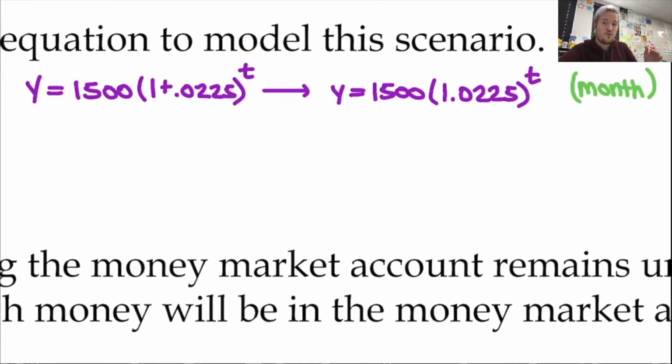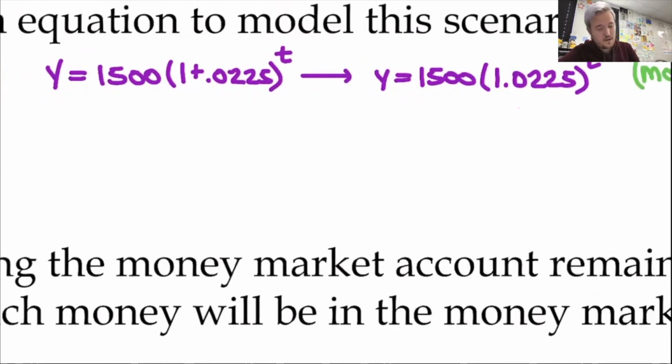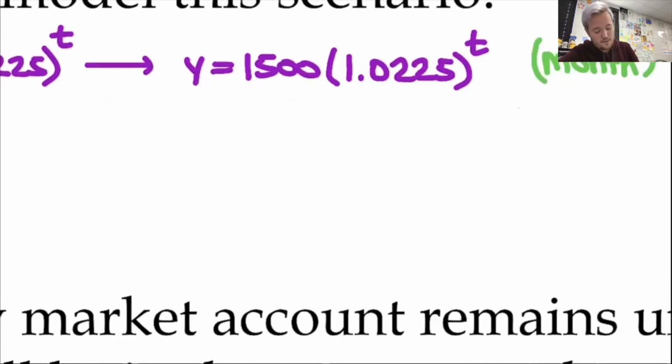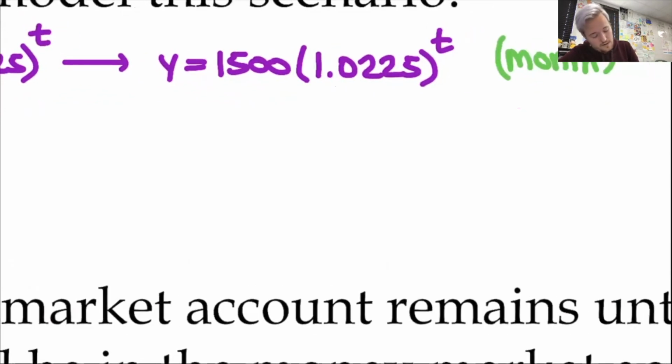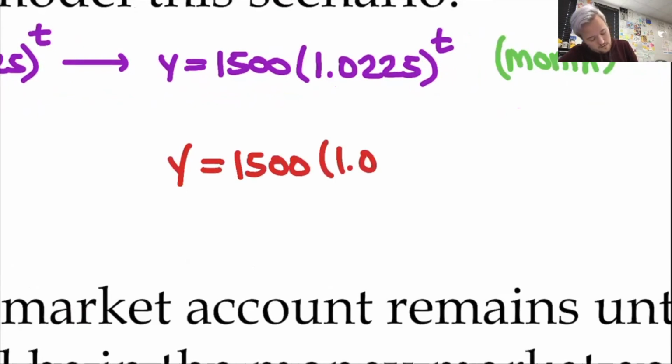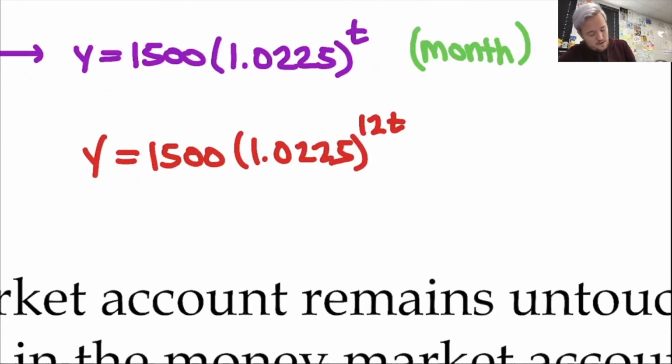Now, if I want to do it per year, on a yearly basis, then that changes the exponent. So for a year, it's going to be 1.0225 raised to the 12t. So that's going to be per year.